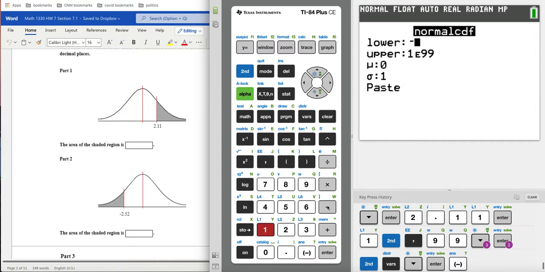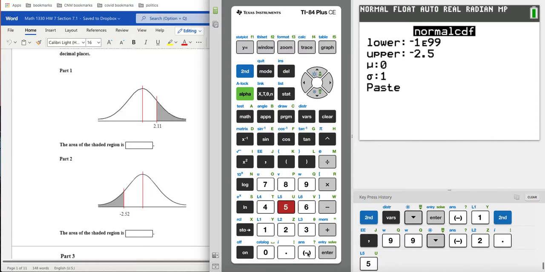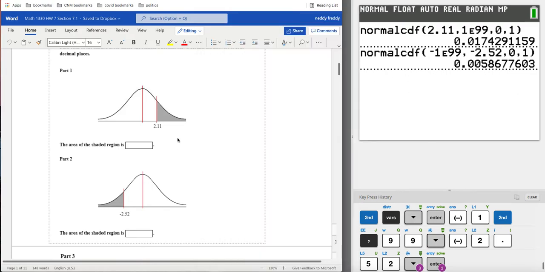So it's negative 1E99 for the lower limit. The upper limit is the z value that you're given here, negative 2.52, and again it has to be negative and not the minus sign. Keep the mean as 0, standard deviation as 1, paste, enter, and you've got your final answer right here.